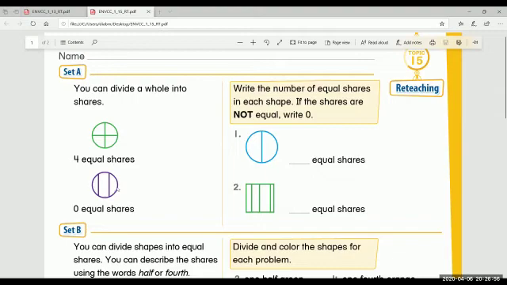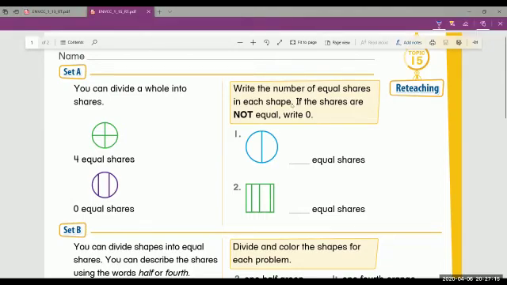This shape, into how many shares? Into 1, 2, 3. Are they equal? No, so here no equal shares, so 0 equal shares. Now here we will write the number of equal shares in each shape.